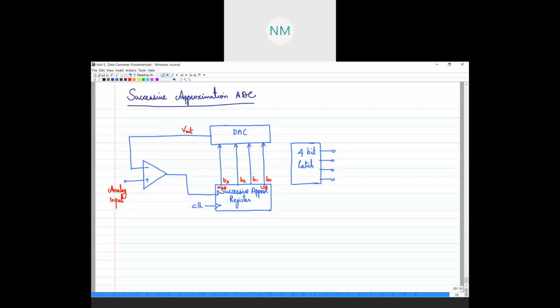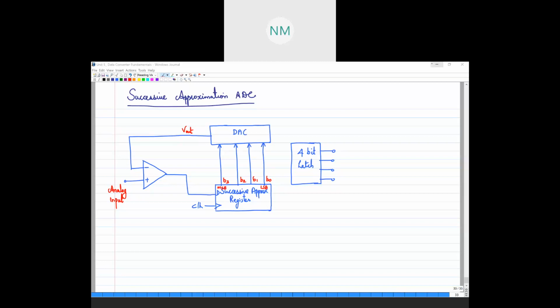So in the successive approximation ADC, I have kept the diagram over here. You can see the block diagram of a successive approximation ADC.